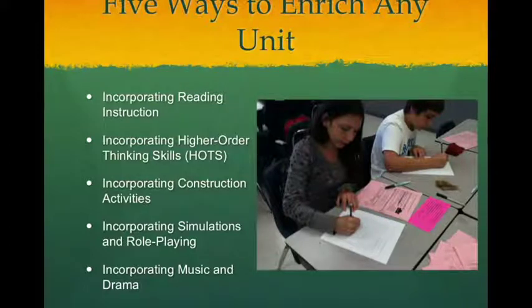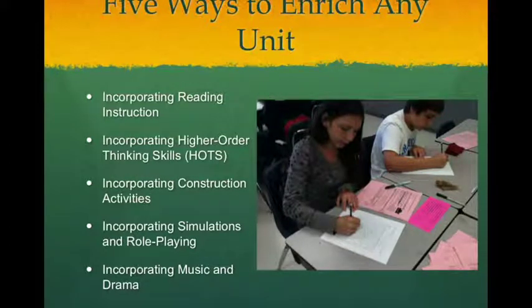So taking a look at both those sides, compare and contrast. These are all higher order thinking skills, and the more you incorporate these skills, the more meaningful your lessons are, and the more critical thinking is going to happen along the lines of your instructional goals and curriculum goals.